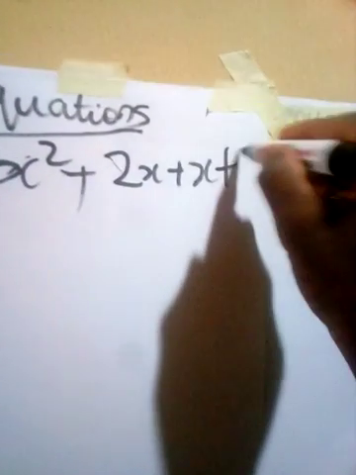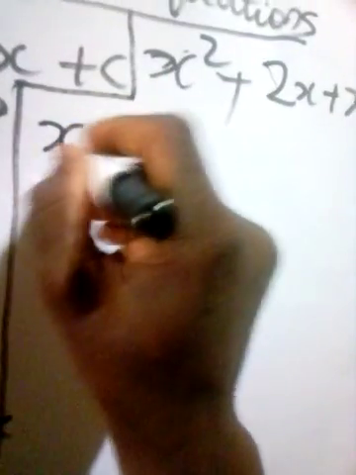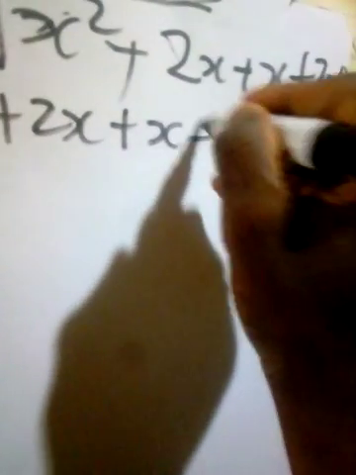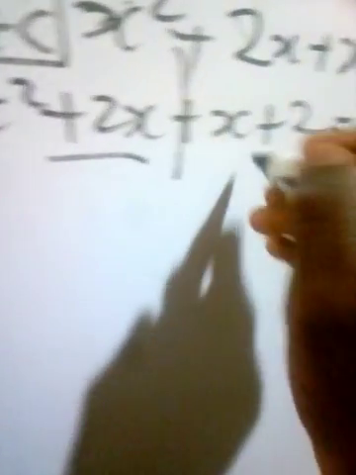This is not really necessary to show, the 1 rather, plus 2 equal to 0. If I add this back, I'll still get this, so it's no big deal. I'm just doing this so I can separate the two. Let me write it out clearly so I can divide it into 2 parts and separate it. The 2 parts are this side and this side.